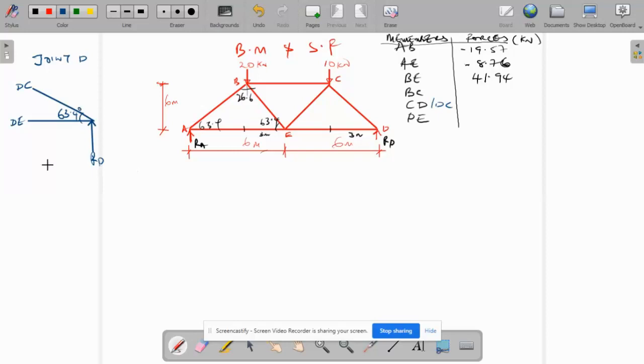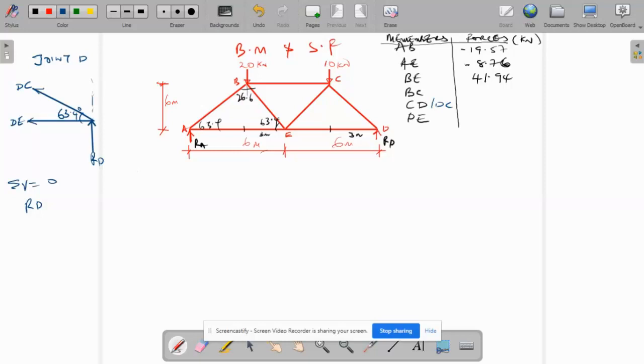So what do we do next? Summation of vertical forces is equal to 0. So what are the vertical forces we have here? We have reaction D going upward. Let's assume this one acting this way and this is acting this way. So we'll resolve this upward.